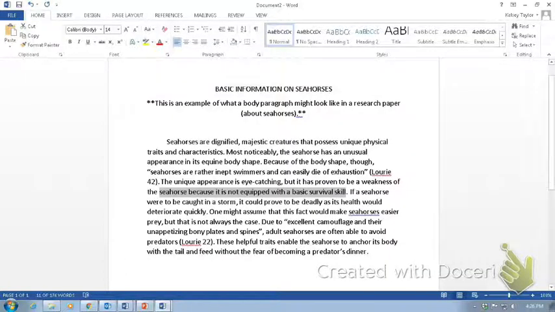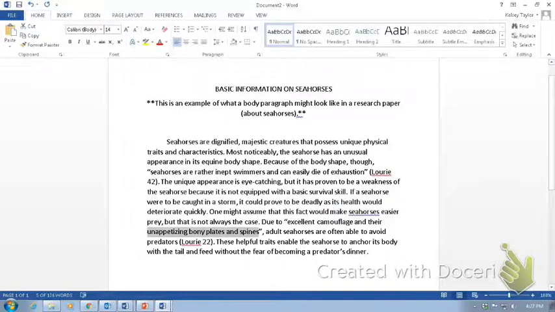And then I talked about how that might lead to the assumption that seahorses just get eaten up all over the place, but that's actually not the case, because another unique physical trait of them is the fact that they can camouflage themselves really excellently.